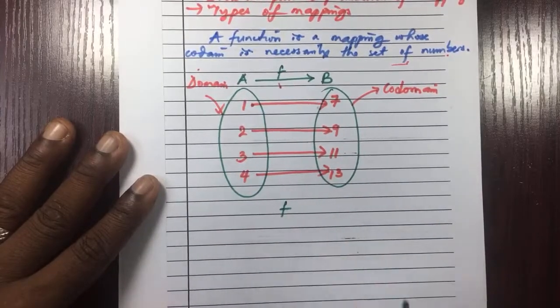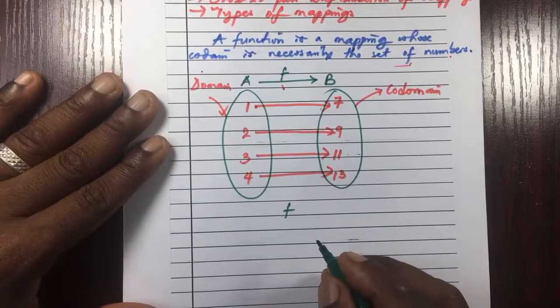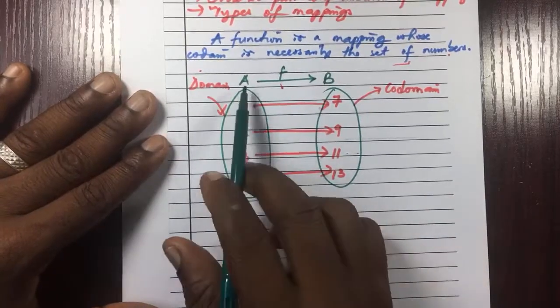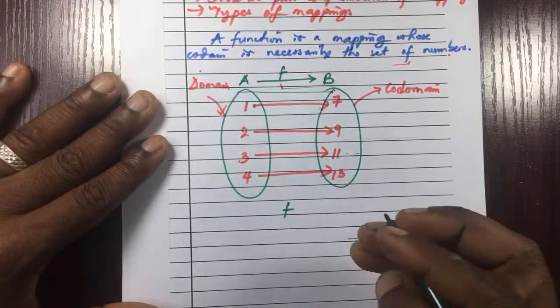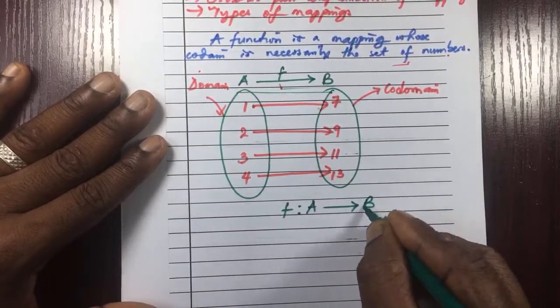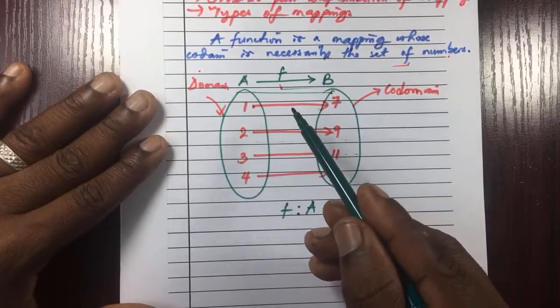Now, if you remember or you've gone through the video on mappings, or the first video we made on functions of a real variable, you will recall that there were three major notations for describing a mapping. So if I want to describe this mapping, which is a function, I could say f: A into B. This will be one way of describing this mapping.